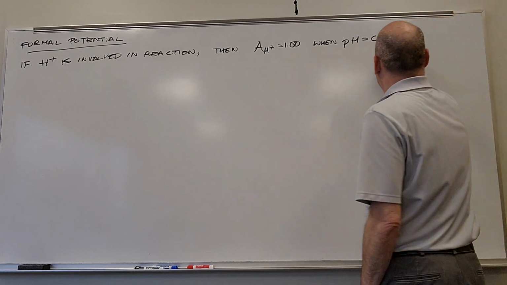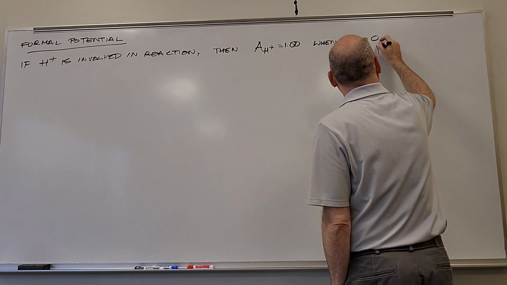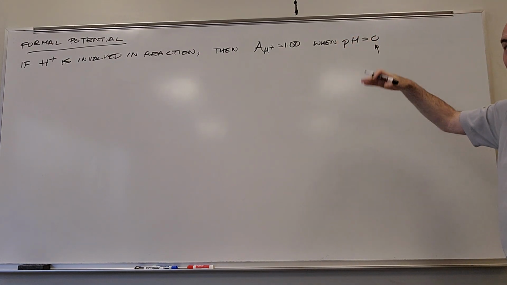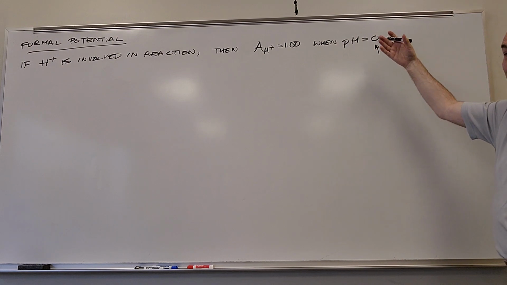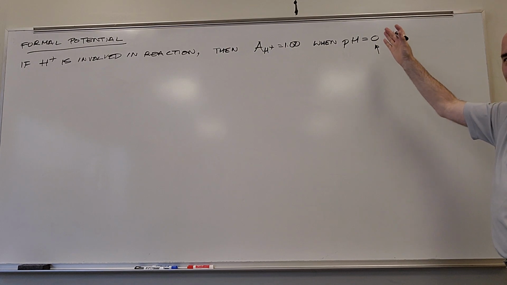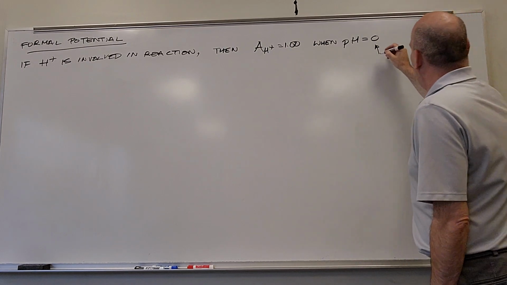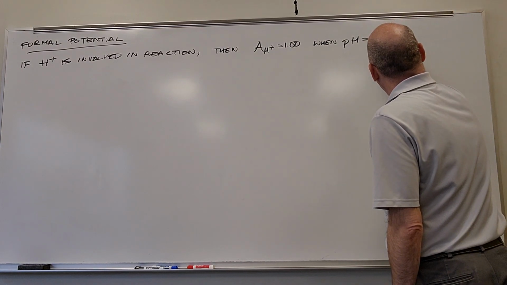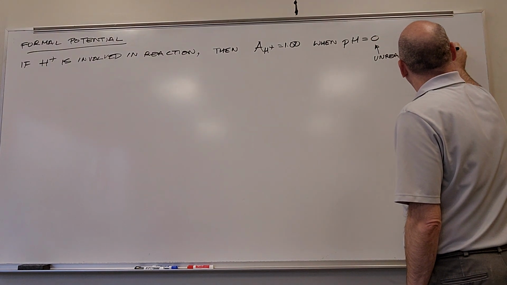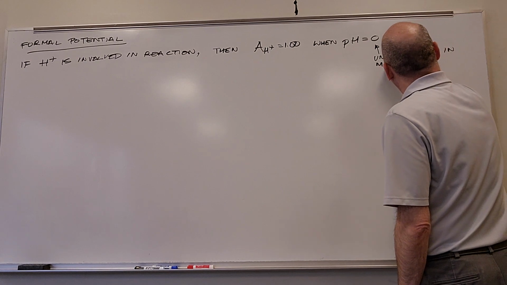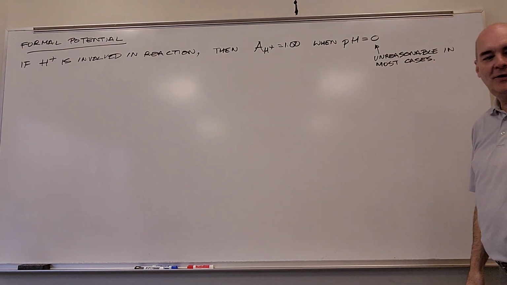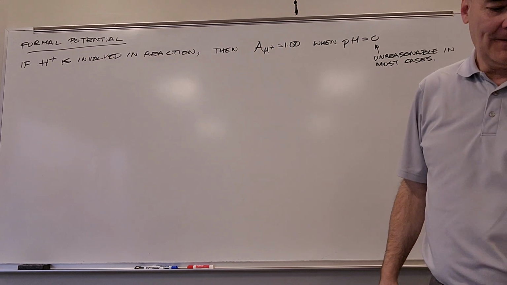So this right here, we have a pH scale from 0 to 14. The 0 to 7s are the acidic part. The smaller the number, the more acidic. The higher the number, the more basic. And this is unreasonable in most cases. That's just too high a concentration of acid.